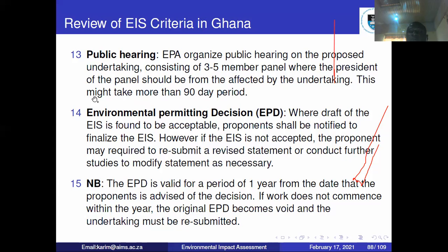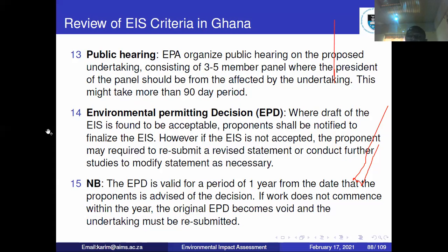And that could take maybe more than 90 days. So they need to consult each other and see what they are going to do. Then they'll give you the environmental permitting decision. So sometimes if they don't give you the decision and you decide to go ahead, they will come and say you have to terminate your project.